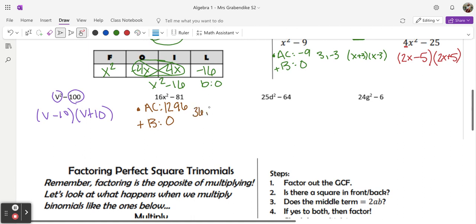It's 36 and 36. Okay. Oh, it should be negative 36. So then I'll have 16x plus 36, 16x minus 36. And of course, they can both be simplified. Everything's divisible by 4. So I'd have 4x plus 9, 4x minus 9.